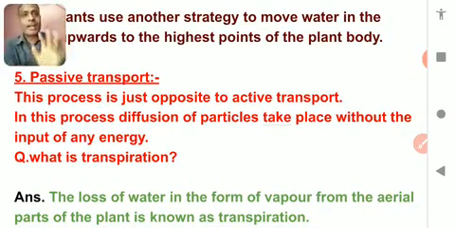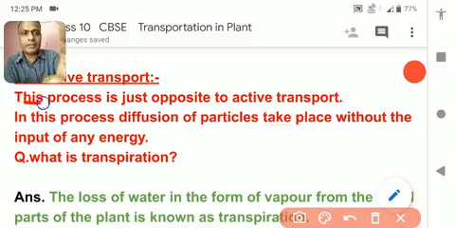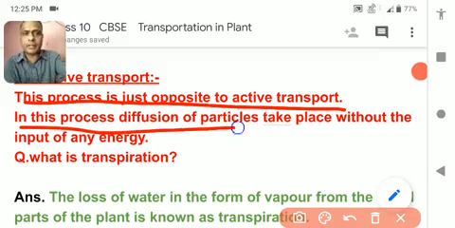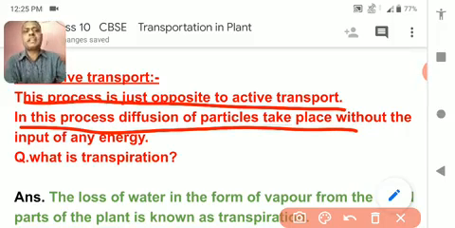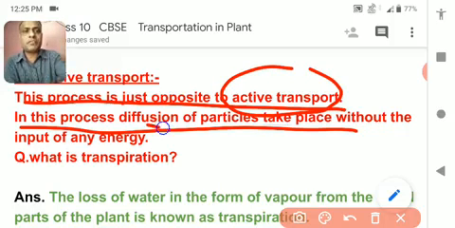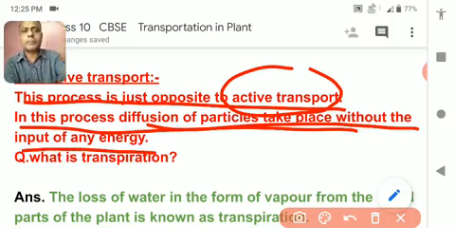It does not require any kind of energy for its movement. So, if the movement of any particle takes place without the input of any energy, then it is called passive transport. Have you understood? This process is just opposite to active transport. In this process, diffusion of particles takes place without the input of energy.